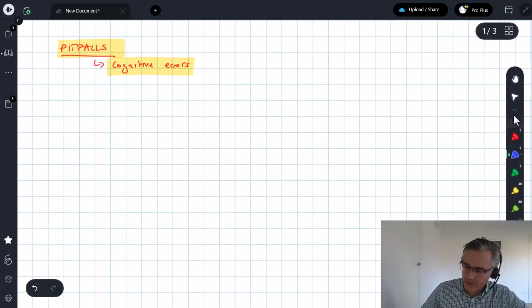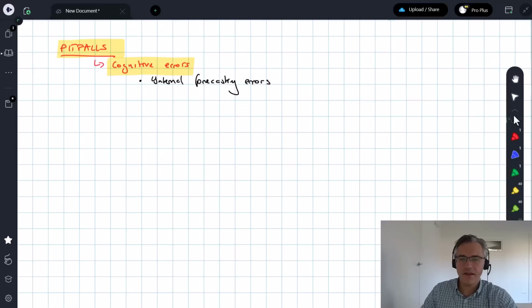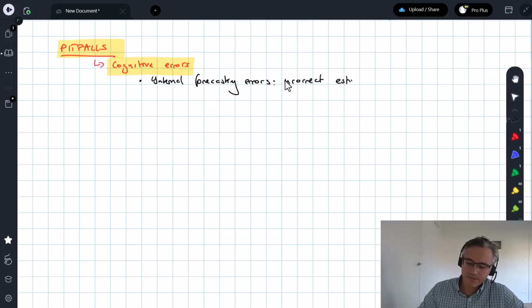So first of all, under the cognitive, we've got internal forecasting errors. And this is relatively simple stuff. I mean, we're all prone to making mistakes, but not in the sense of making a stupid numerical mistake or adding things incorrectly. No, it's things like incorrect estimates of costs.